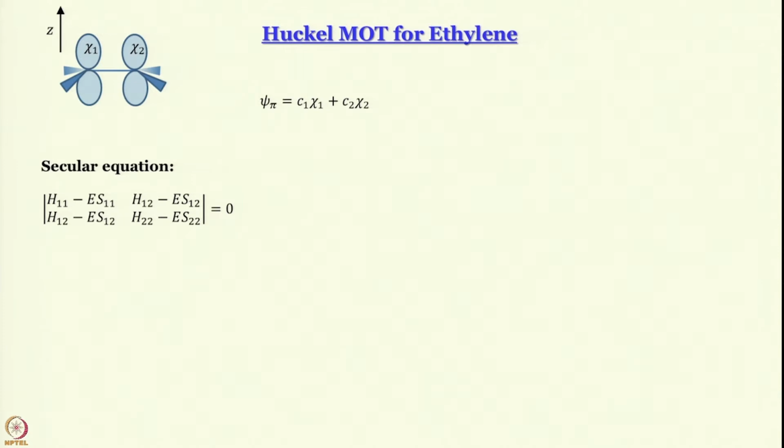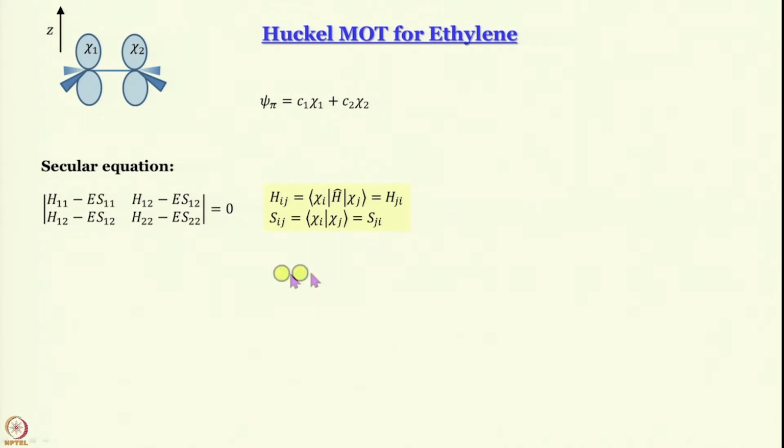Non-trivial roots means roots in what? Coefficients C1 and C2. Okay. So, what we have written here is something that we have already shown you. Hij is integral chi i H chi j is equal to Hji. Sij is integral chi i chi j equal to Sji.